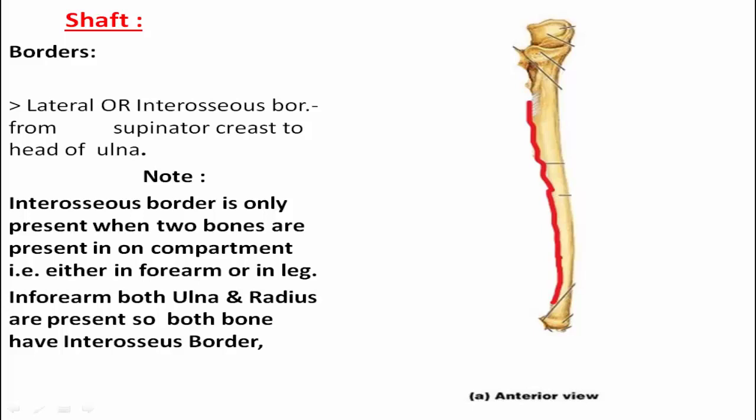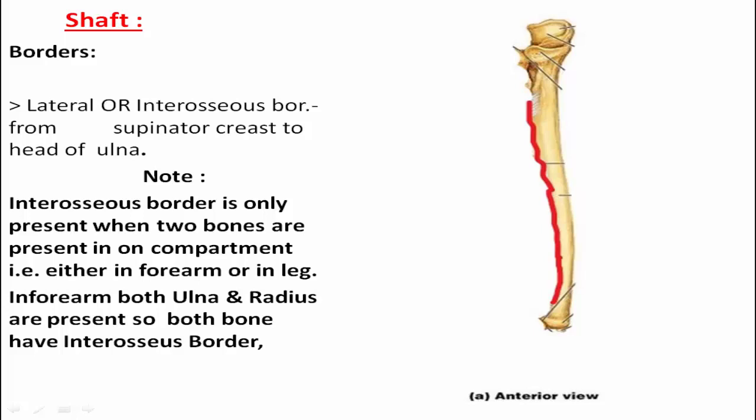Third border is the lateral or interosseous border. Why the name is given interosseous border, that we have to know. Interosseous means this border is very close to the same type of border which is present in the other bone.